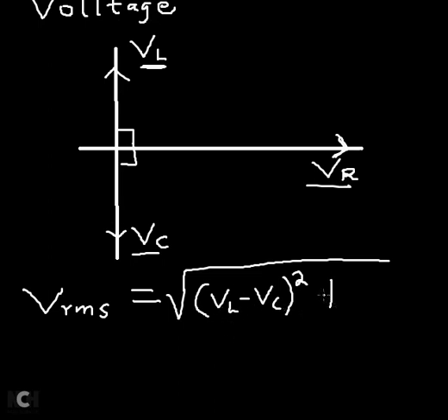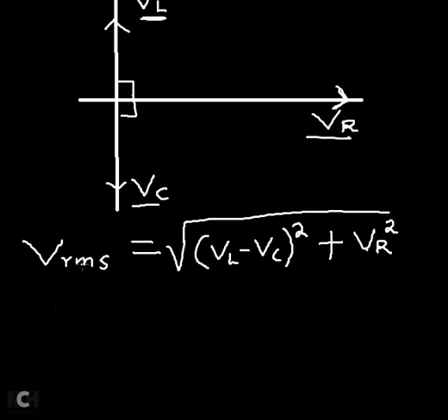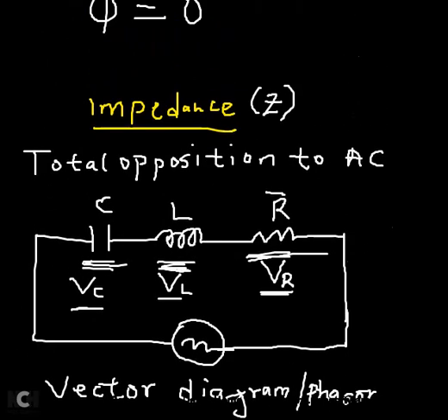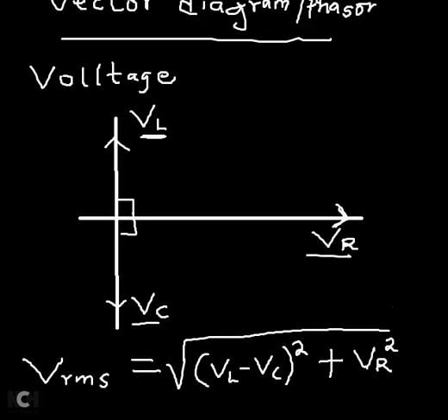Then plus the horizontal vector, which of course is VR squared. So this is how we actually evaluate the VRMS, the effective voltage of the alternating current circuit, by adding the voltages of the capacitor, the inductor, and the resistor. So please take note of that.